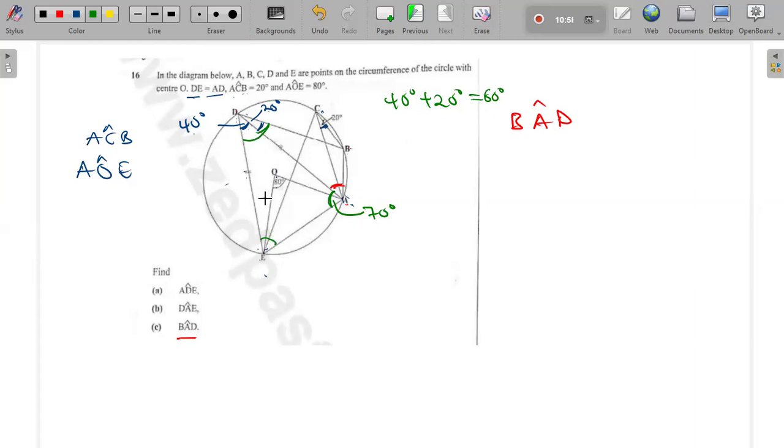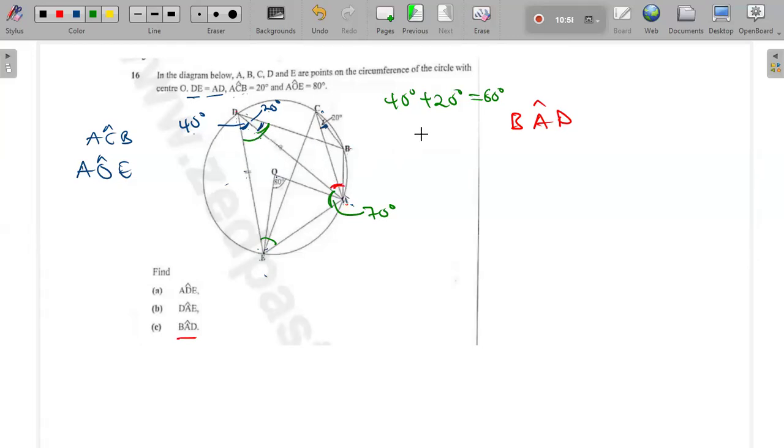But now we can form a cyclic quadrilateral here, where we move from A to E, to D, to B, like that. So those are 4 points on the circumference of the circle, and they form the quadrilateral. So if you have a cyclic quadrilateral, the opposite angles must add up to 180 degrees.